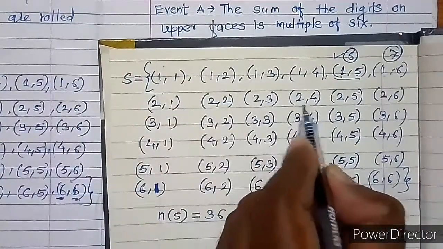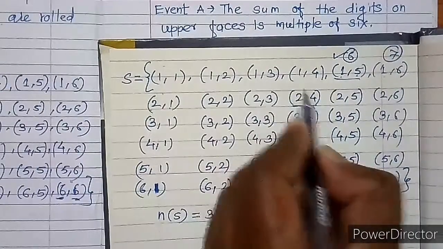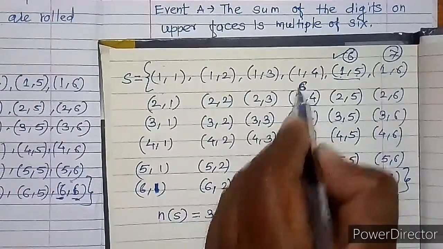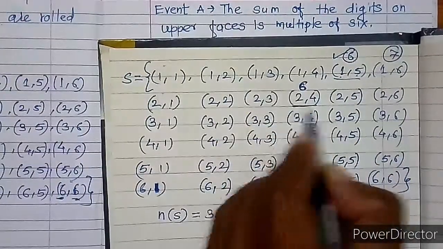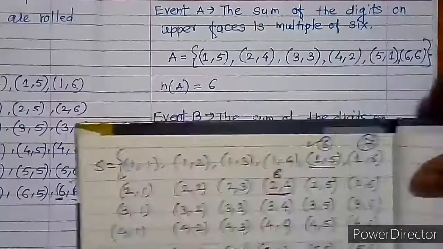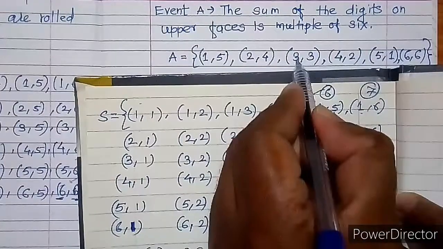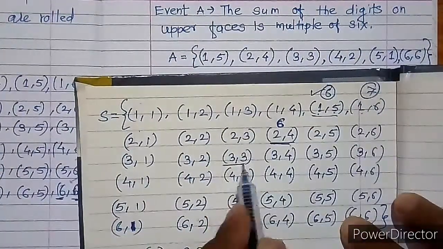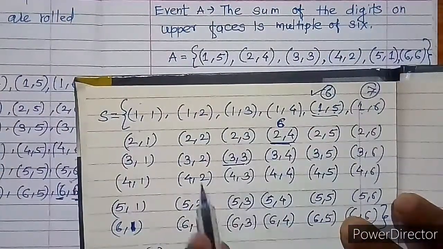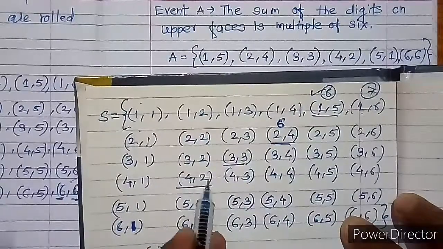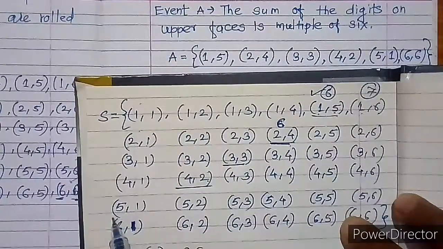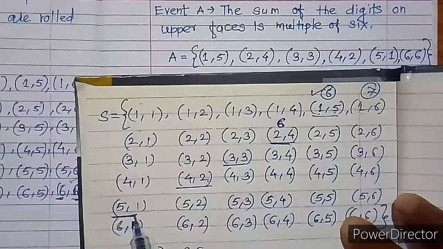Now check 2, 4: 2 plus 4 is 6. It is also a multiple of 6, so you can take entry 2, 4. Now 1, 5 is taken, 2, 4 is taken. Here 3, 3: 3 plus 3 equals 6. It is also a multiple. Now 4, 2, the sum is 6. It is also a multiple. 5, 1 is also a multiple.